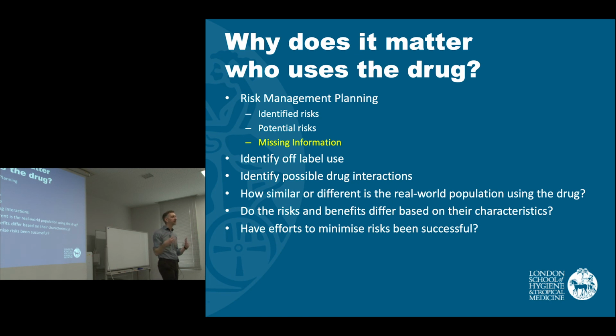And we can then start to decide whether the risks and benefits might differ based on these characteristics. So again, similar to the example with the COX-2 inhibitors, where it turned out that in the real world, patients were much healthier than they were in the randomised trial. And then finally, as I've just shown you, you can also use these kinds of studies to see whether or not efforts to minimise risks have been successful.